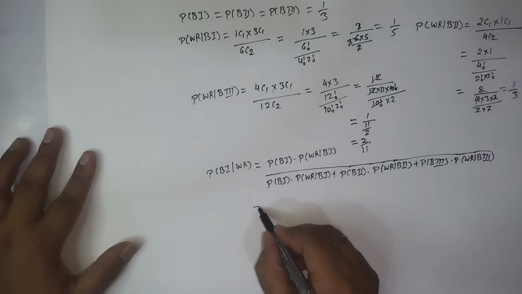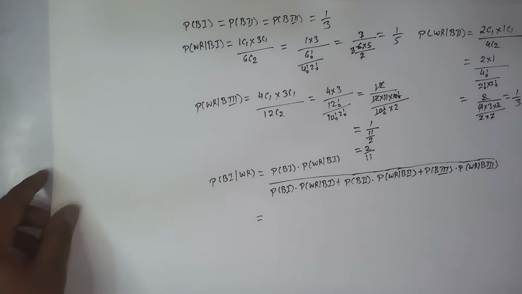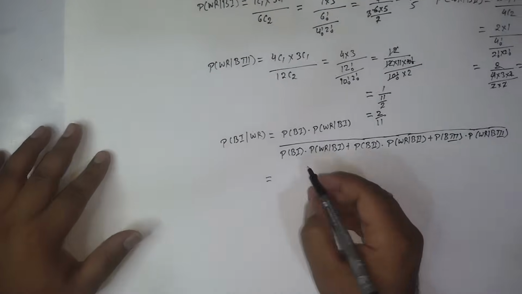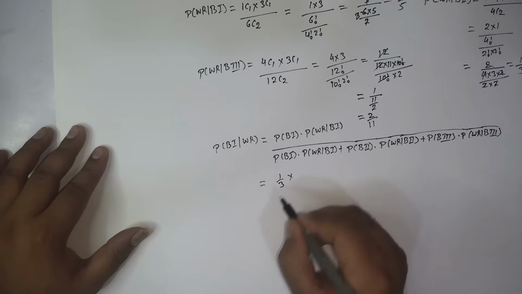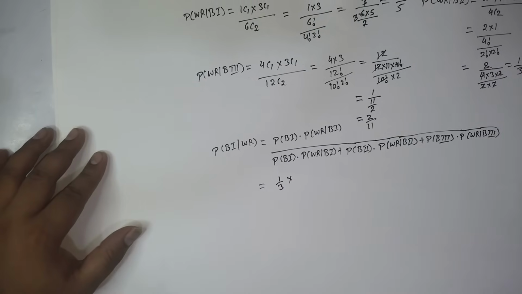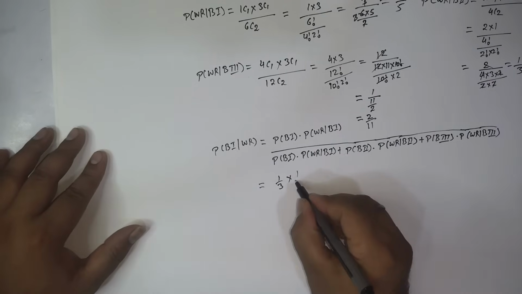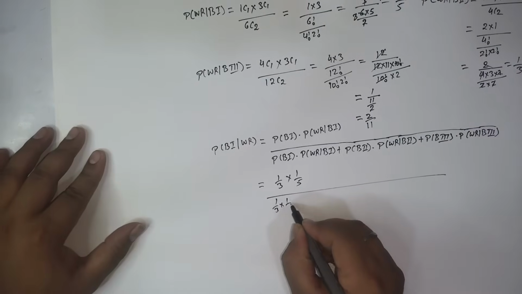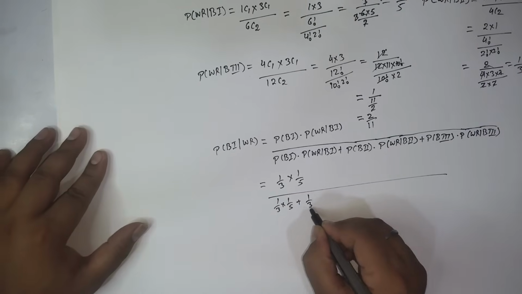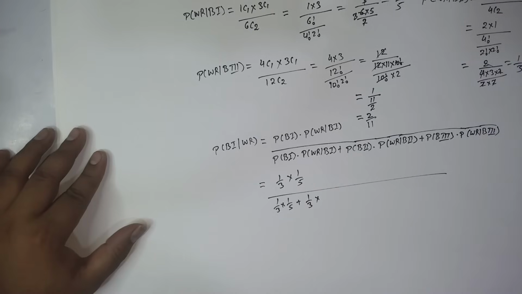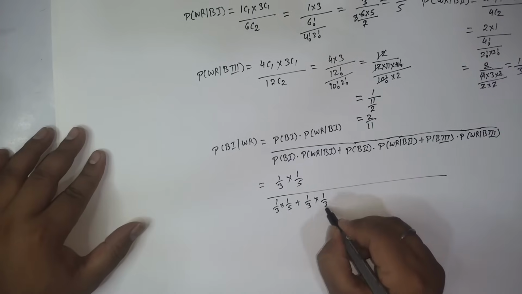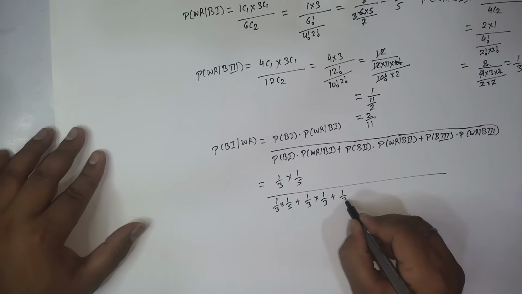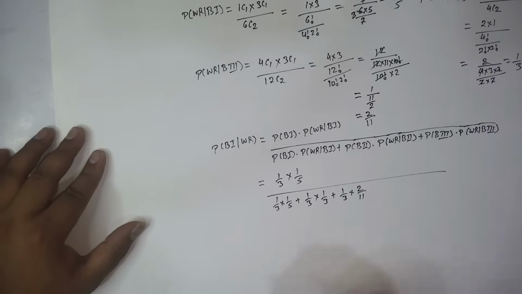So this will be equivalent to probability of bag 1, which is 1 by 3, into probability of white and red given bag 1, which is 1 by 5. So 1 by 3 into 1 by 5 plus 1 by 3 into 1 by 3 plus 1 by 3 into 2 by 11.